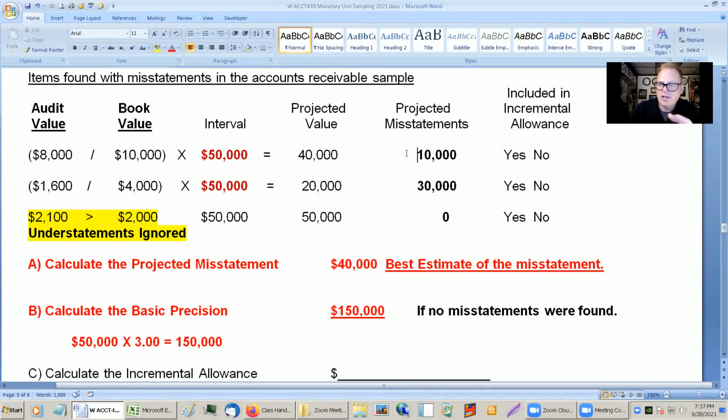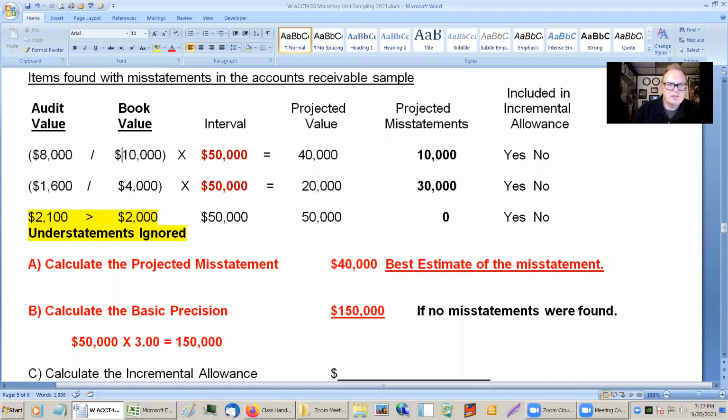An error of $500 is different than an error of $50,000. So the size of the error matters as far as trying to figure out this one side, the half bell curve. So these projected misstatements are important because they are that additional amount of possibility that things could go wrong.